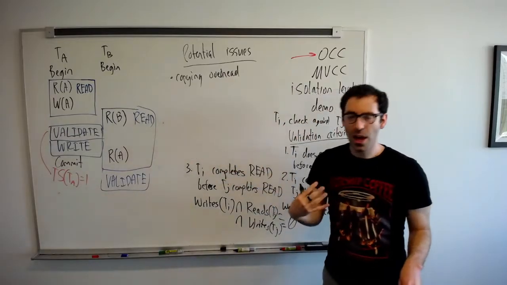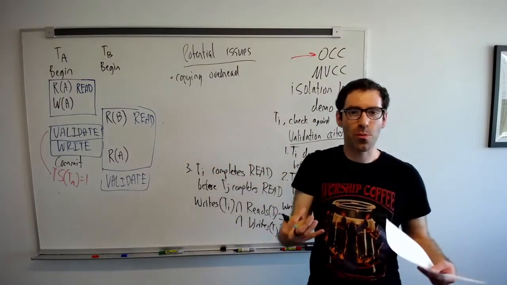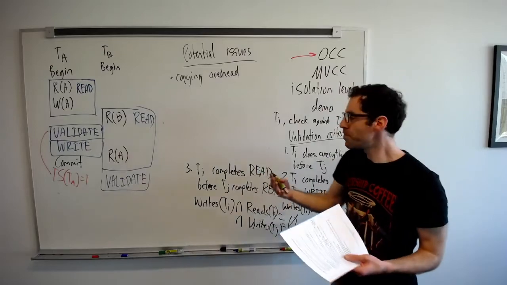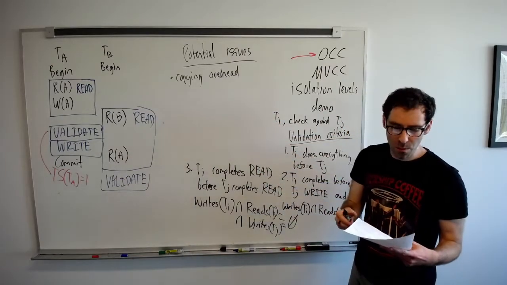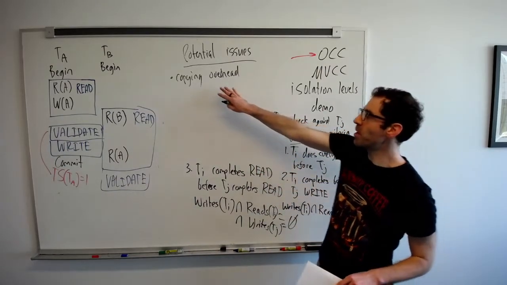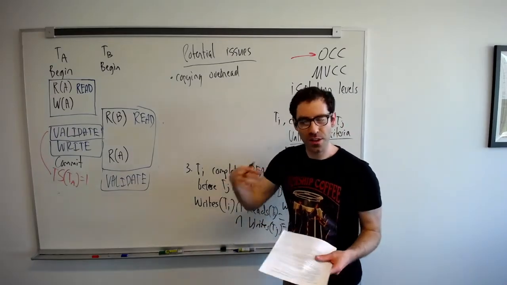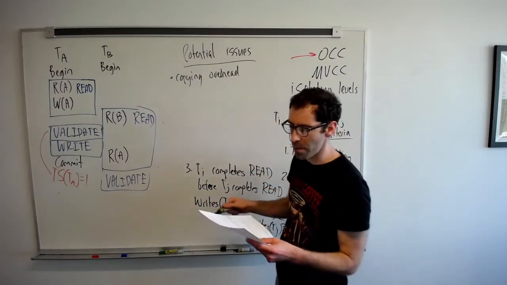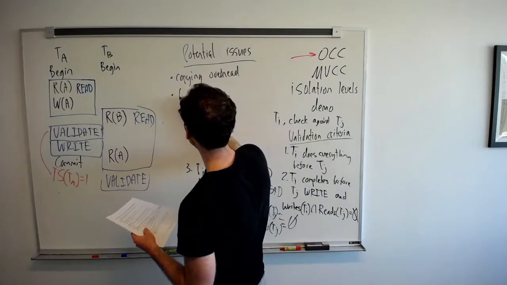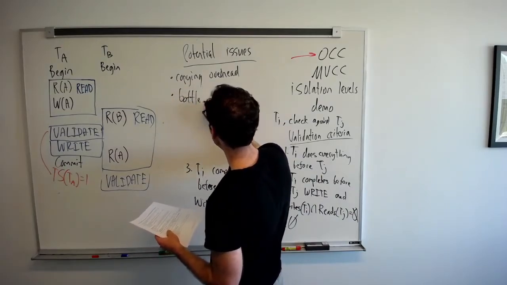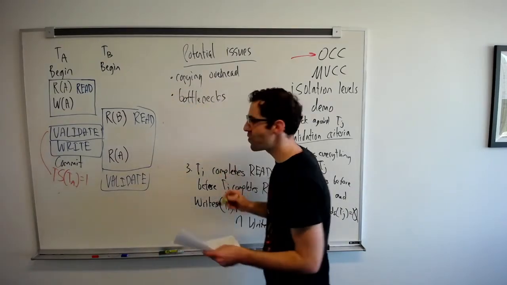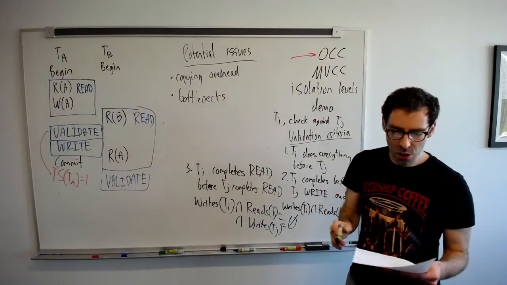We're always copying the data that we read into a private workspace in order to ensure repeatable reads, and that could be expensive. Instead of acquiring locks, we have some overhead from copying. We also have some points in this protocol that are potential bottlenecks.